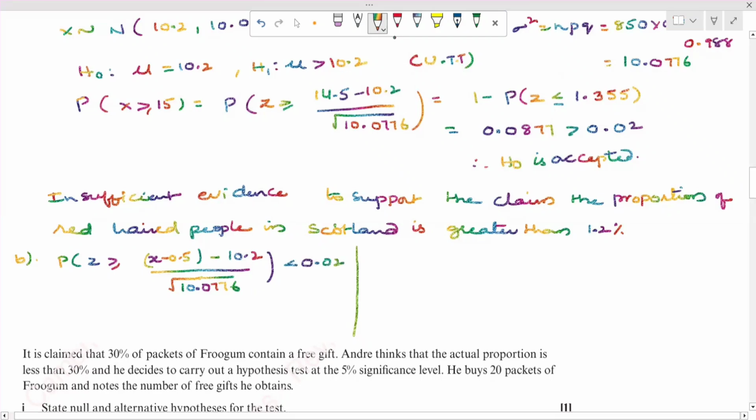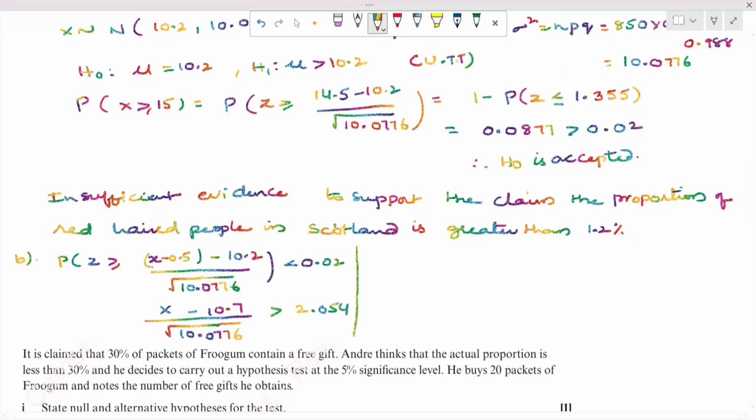Okay, now if you simplify this one, x minus 0.5, minus 10.7 by root of 10.0776. If you take the inverse, it will be approximately 2.054.